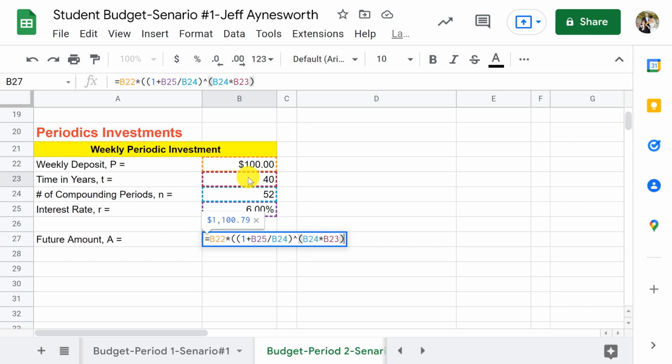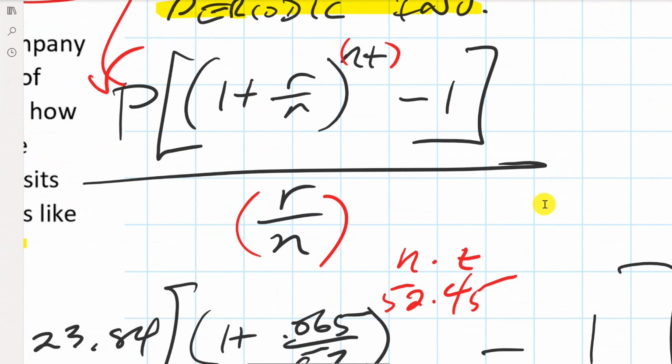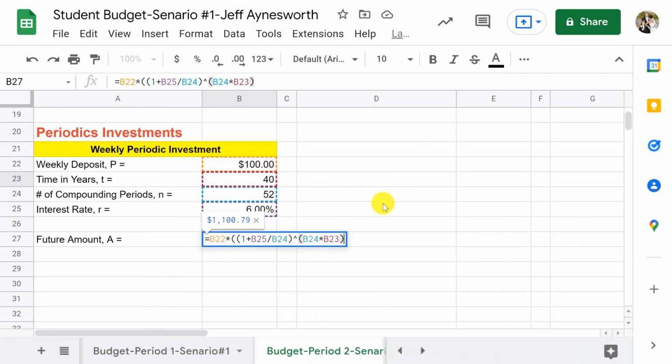And then what do we have to do now in our formula? Because now I'm right here. Oh, no, minus. Look right here. What do we have to do? Yeah, if you don't subtract 1, you're not going to get the right value. So you got to subtract 1, end it with parentheses.